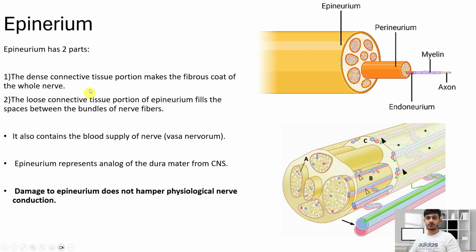Also, the epineurium has two parts, the outer fibrous coat and the inner loose connective tissue between the fascicles of nerve fibers. And the epineurium is an analog of the dura mater of the CNS, and damage to the epineurium usually does not hamper physiological nerve conduction. We'll talk more about this later.